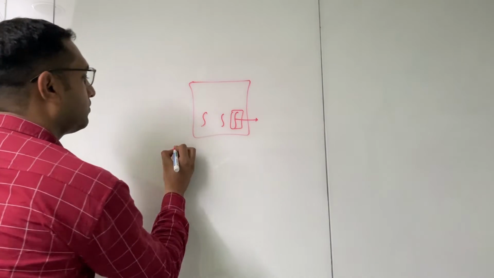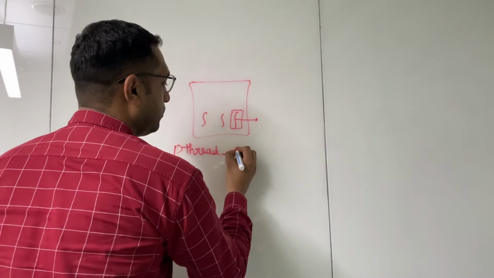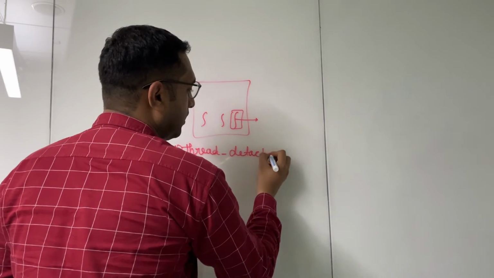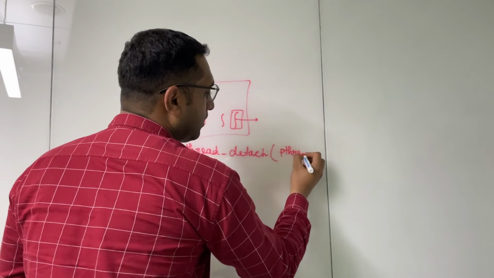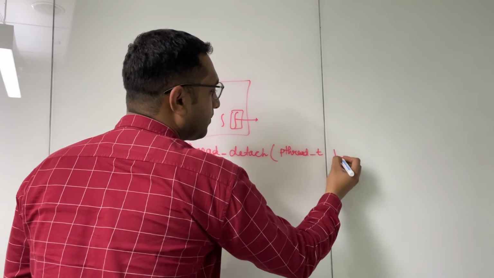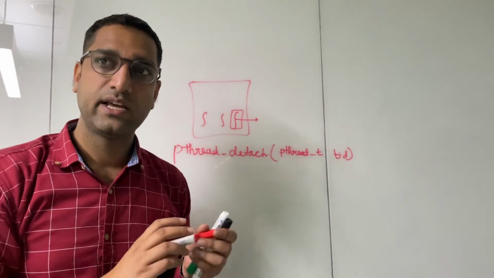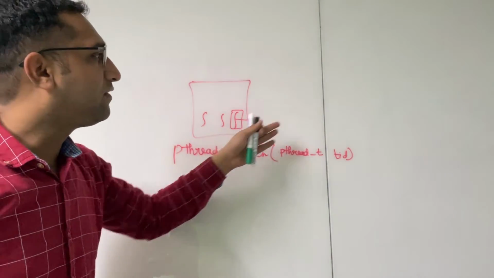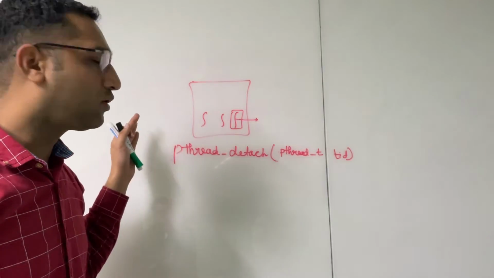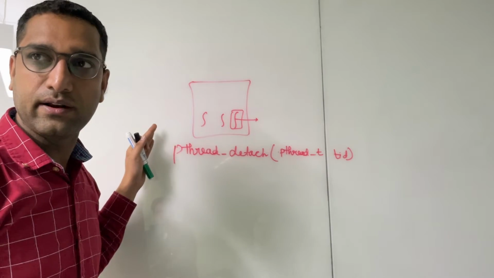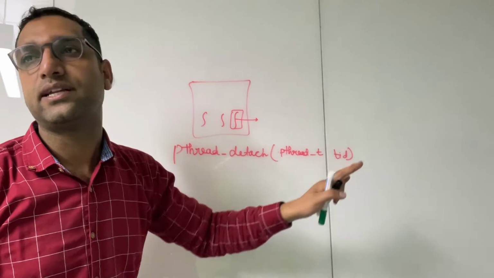Simply we call this function called pthread_detach, and we again provide the TID. Understood? We again provide the TID. So what it does, whenever the other thread is terminating, the thread is detached.